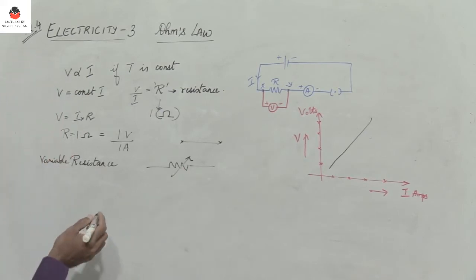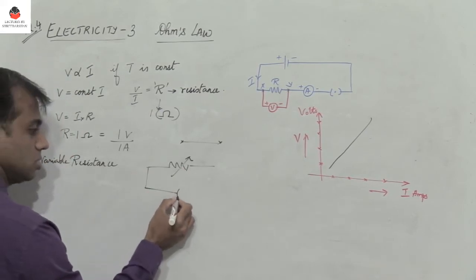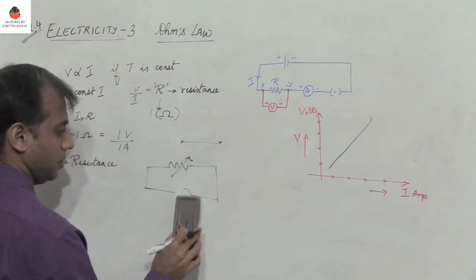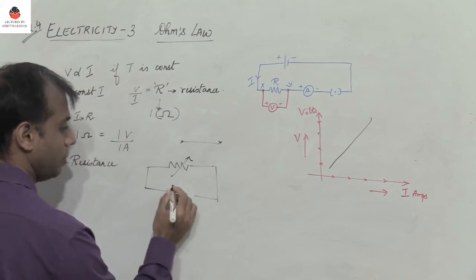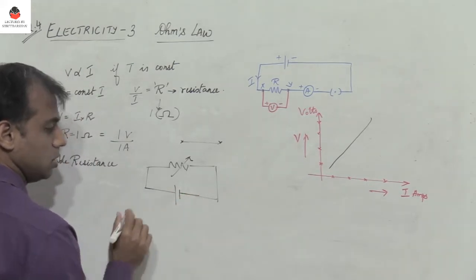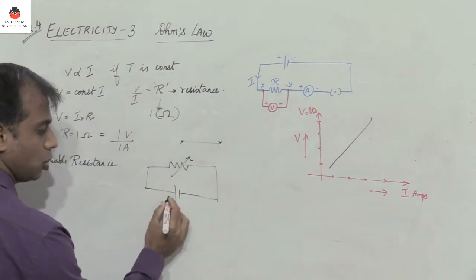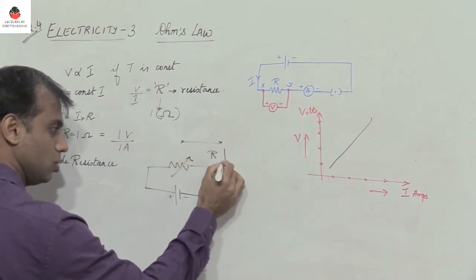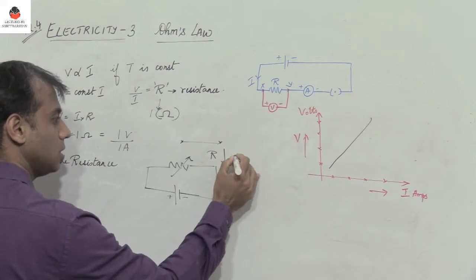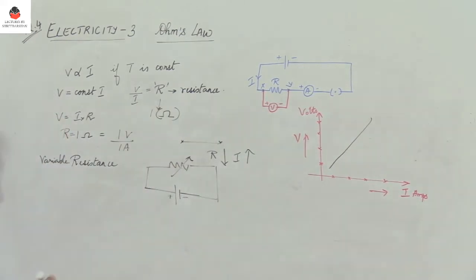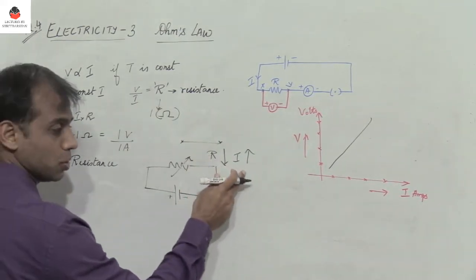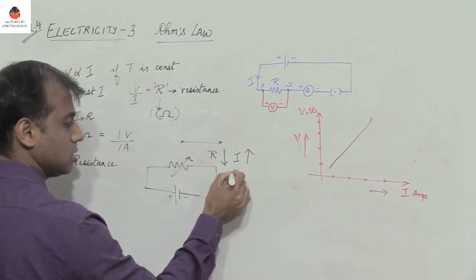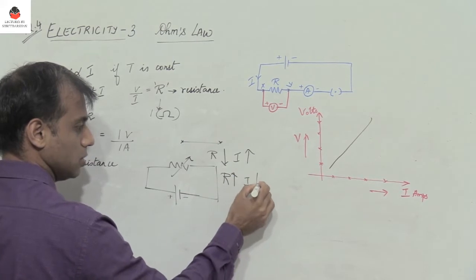So if I connect a variable resistance to a voltage supply or to a battery, as the resistance reduces, what happens? The current I increases. So they are inversely proportional. Whereas if the resistance increases, the current I reduces.